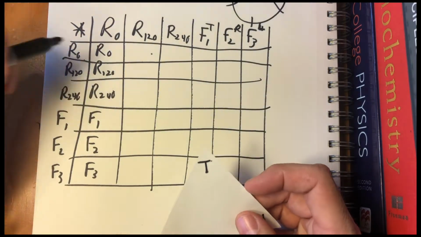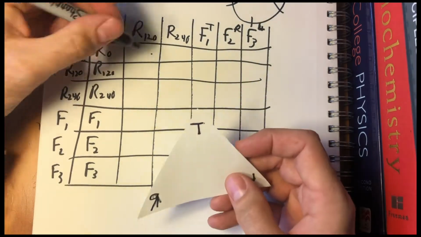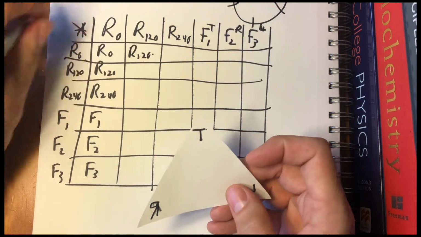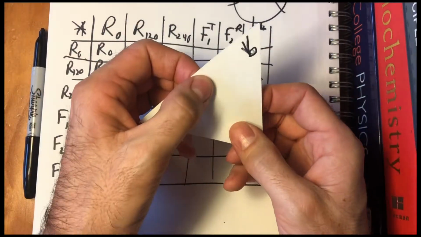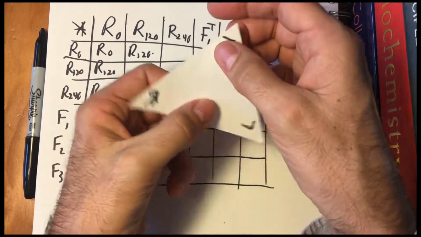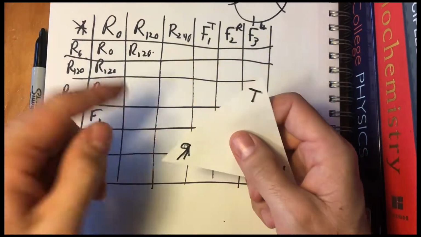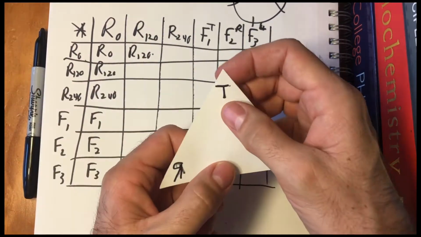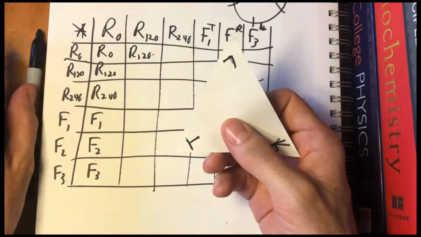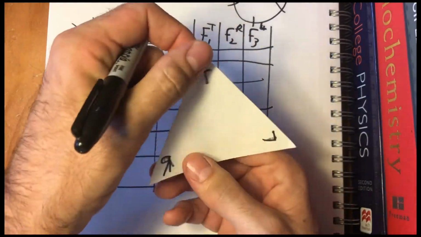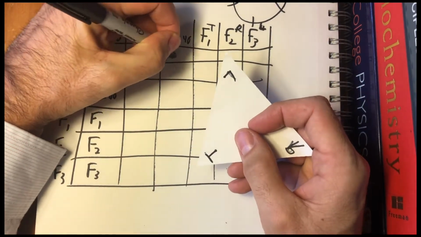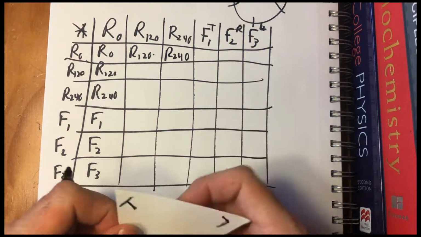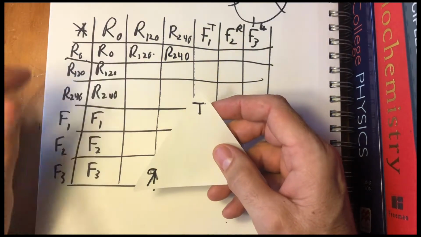So for instance, this again is the identity. So you can see if we start by doing nothing and then we rotate it 120, that's the same as if we just rotated it 120. If we do nothing and then rotate 240, that's the same as just rotating 240. So that's our 240. And then we can quickly fill in the rest. These are very easy to do.